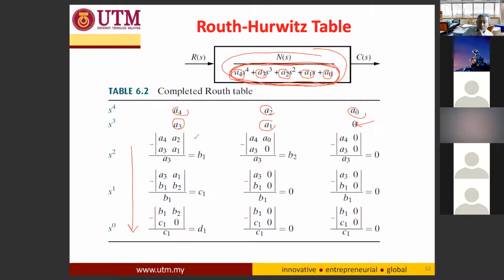This is what I call the determinant. Determinant of A4, A2, A3, and A1, so it is a cross multiplication: A4 A1 minus A2 A3. And the rest is still the same. You just follow this table guidance, the completed Routh table.